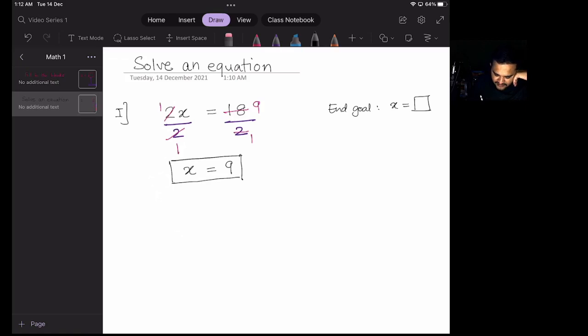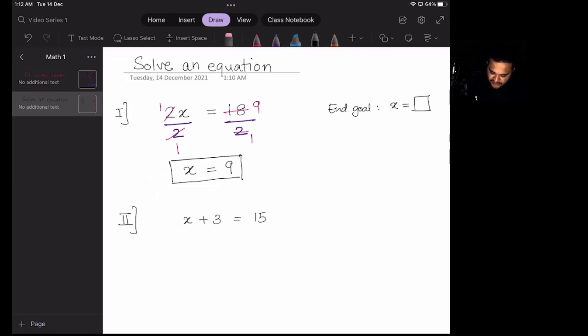Now let us say we have another example: x plus 3 equals 15. Now we all know that 12 plus 3 is 15, but the end goal has to be x equals this, and we need to employ our addition, subtraction, multiplication, division in order to get to that point.